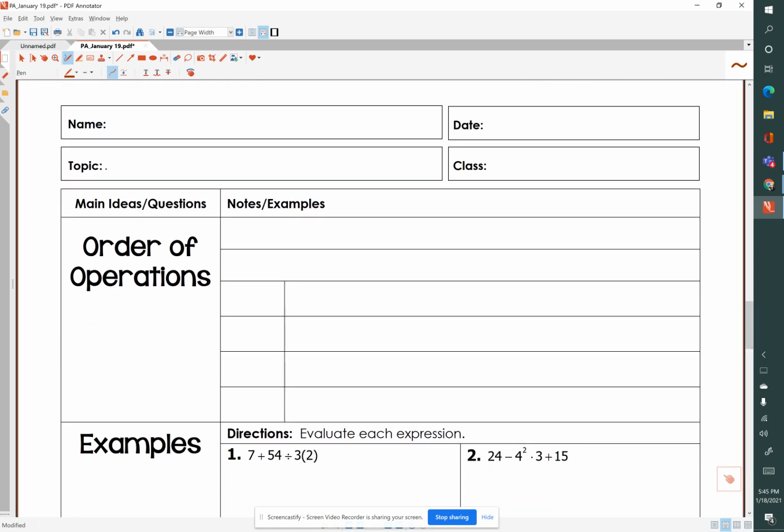So our topic today is order of operations. Okay, so what is the order of operations? Well, it is rules to follow when simplifying an expression that contains multiple operations.